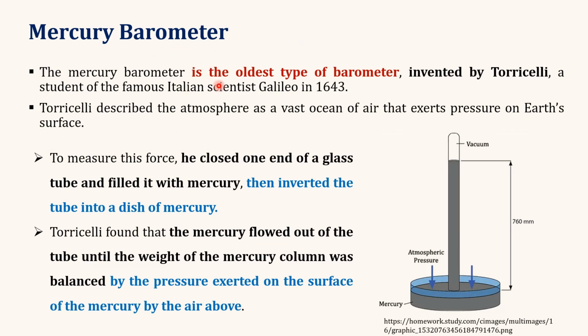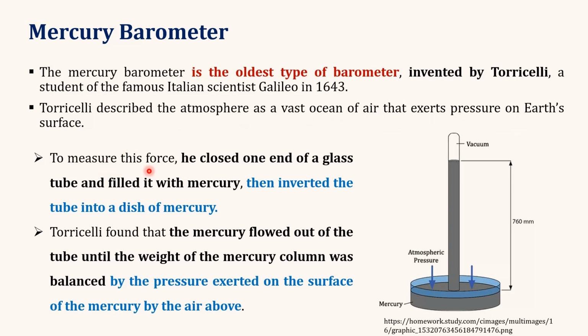This is the oldest type of barometer, which was invented by Torricelli, who was a student of the famous Italian scientist Galileo, in 1643. Torricelli described the atmosphere as a vast ocean of air that exerts pressure on the Earth's surface.